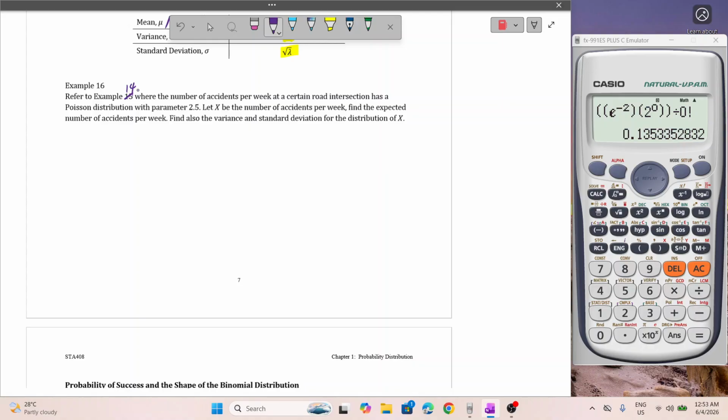Let x be the number of accidents per week. Find the expected number of accidents per week. Find also the variance and standard deviation.